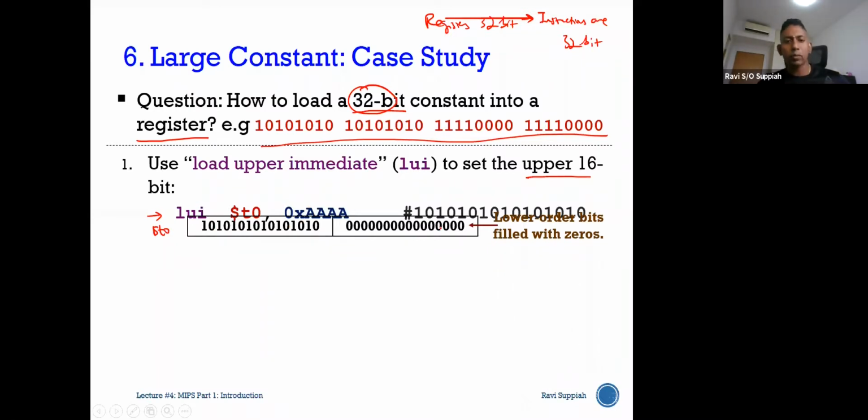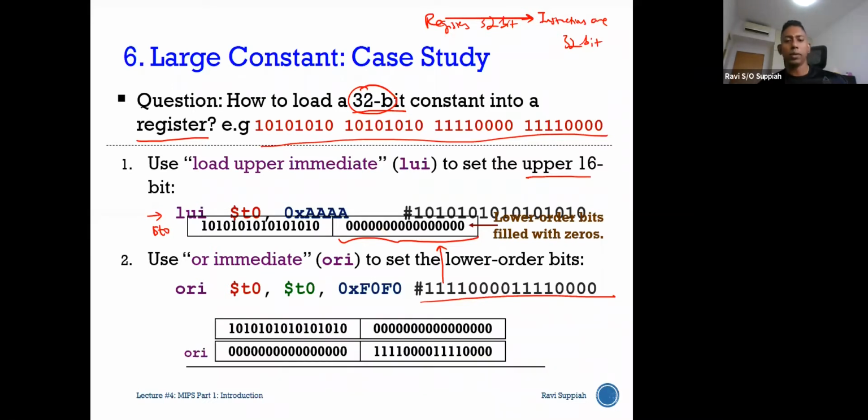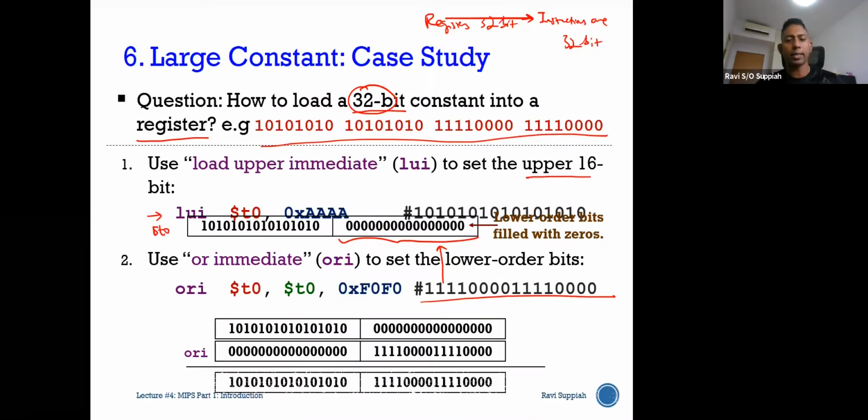Now, the next step is to do an OR immediate instruction with the other 16 bits that I want inside the lower portion. I want this value to be in the lower 16 bits, so I do an OR immediate operation. As we know, when I do an OR with a 0, a 1 OR 0 will become 1, and 0 OR 0 will become 0. So the value that I want will now occupy the entire T0 register.